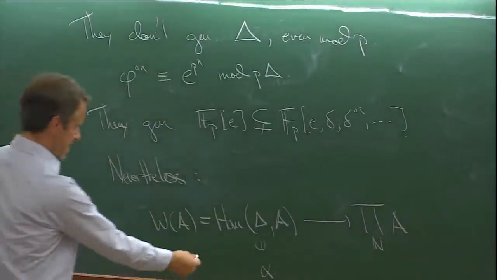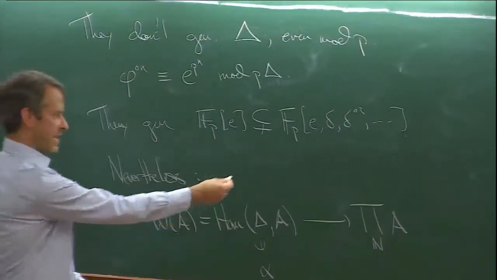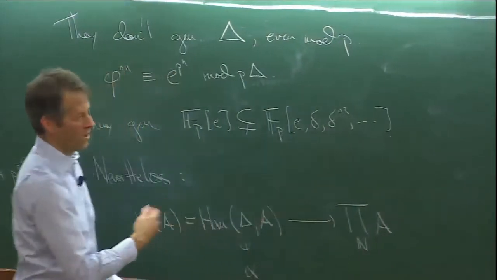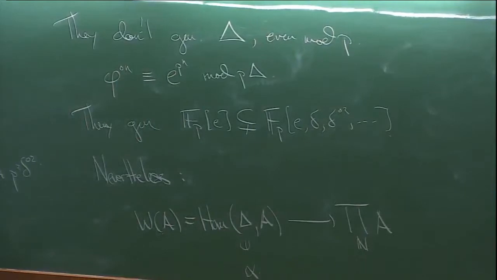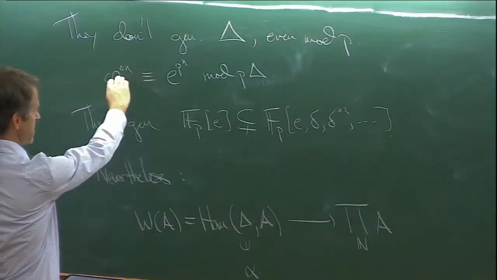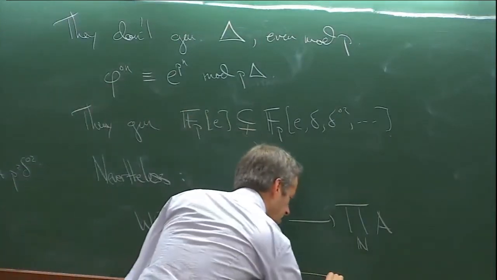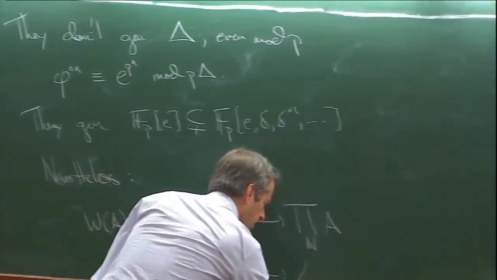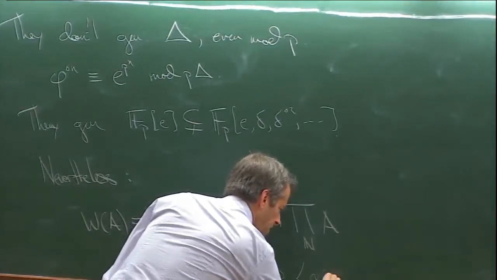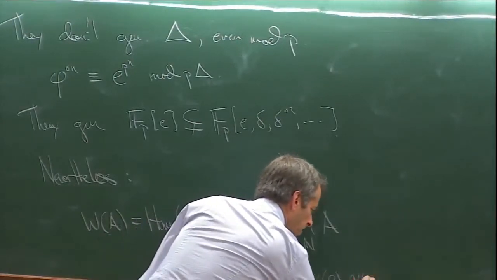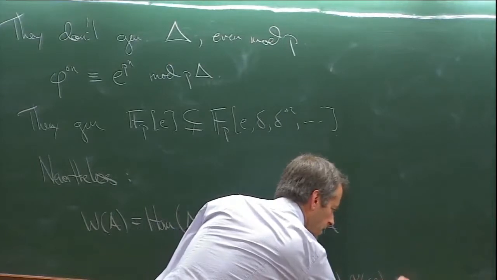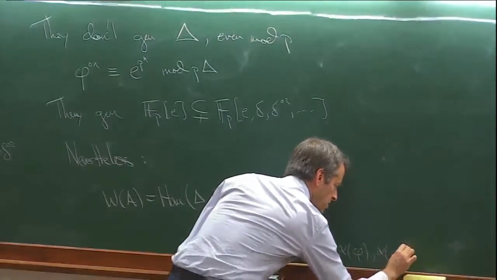We just evaluate it instead of evaluating it at the iterates of delta, which would give us the Boolean-Joyal coordinates, or evaluating it at the Witt differential operators, which would give us the Witt coordinates. We'll evaluate them at the Frobenius lifts, the iterates of the Frobenius lift. So this goes to alpha of E, alpha phi, composed with 2.